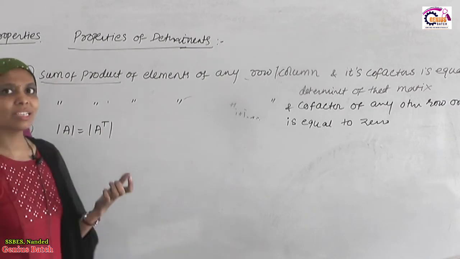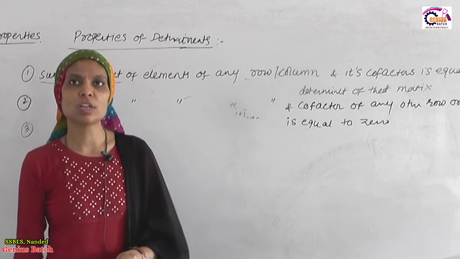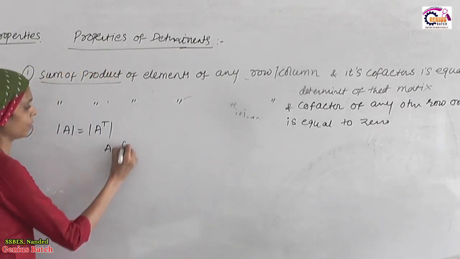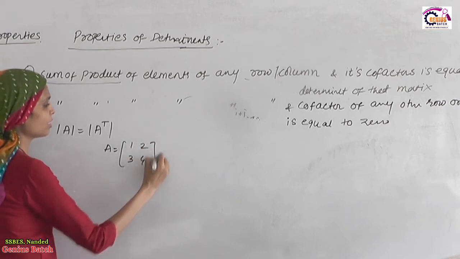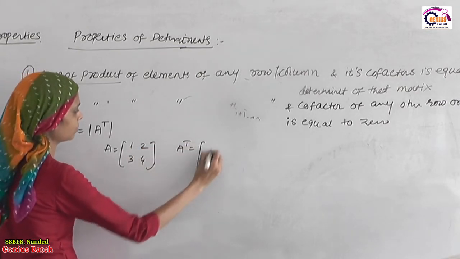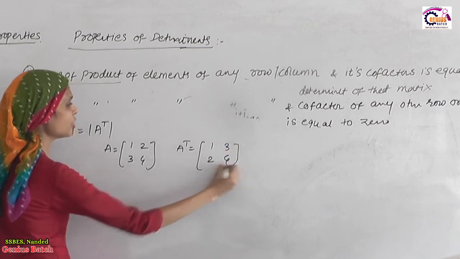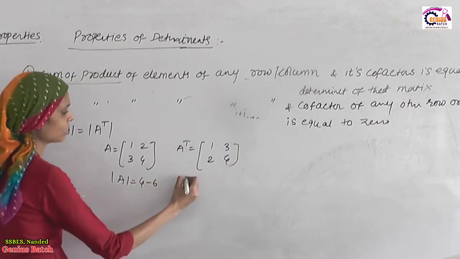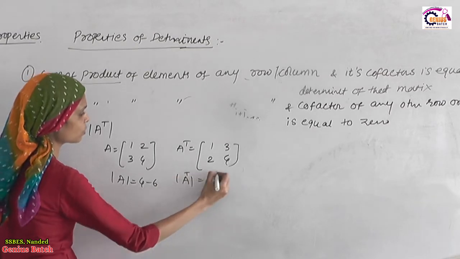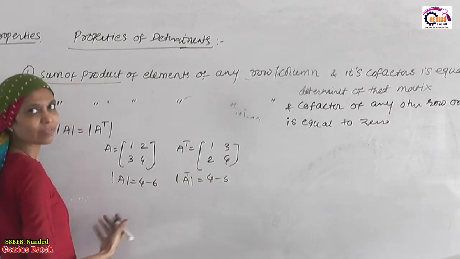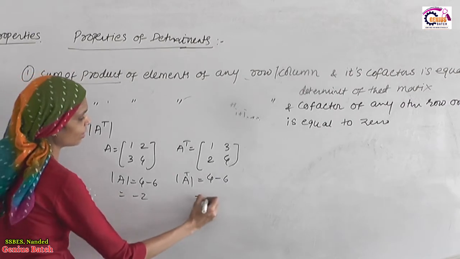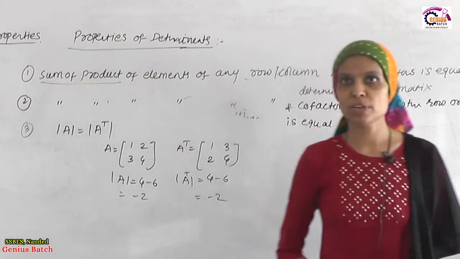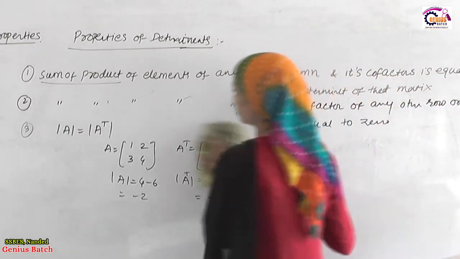So if you interchange all the rows with columns, the value will be the same. Take any matrix, take its transpose, and find out their determinants. Determinant of A is 4 minus 6, determinant of A transpose is 4 minus 6, the same, right? So you get the same value. So determinant of A is equal to determinant of A transpose. This is the third property.